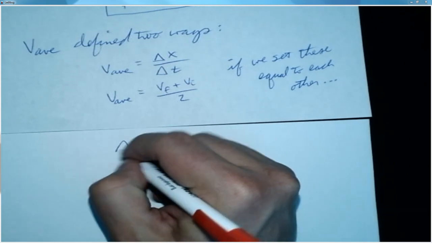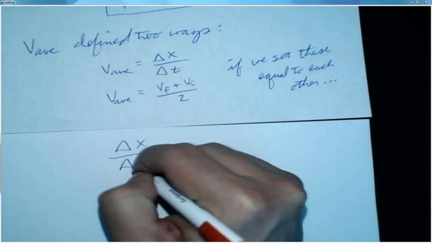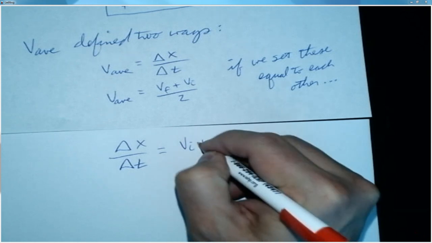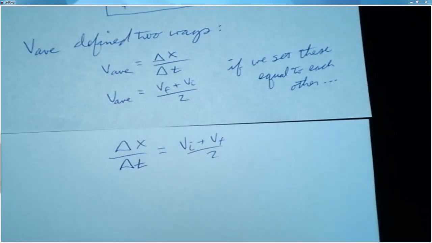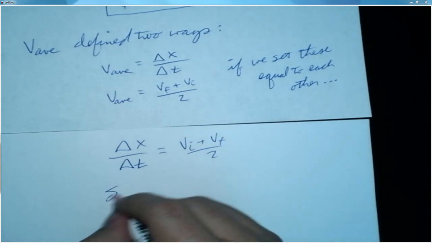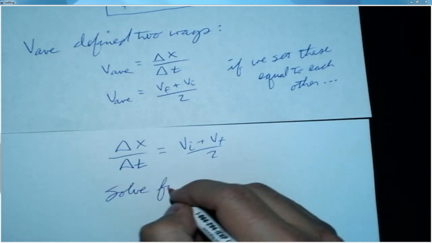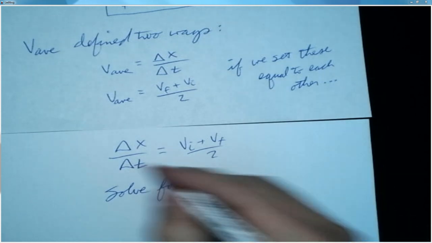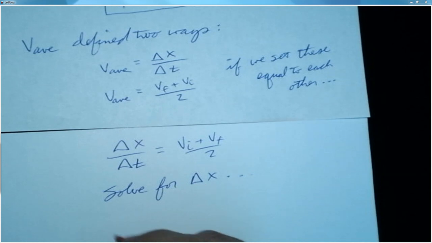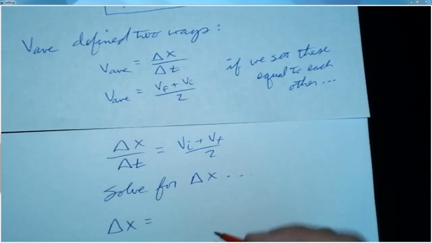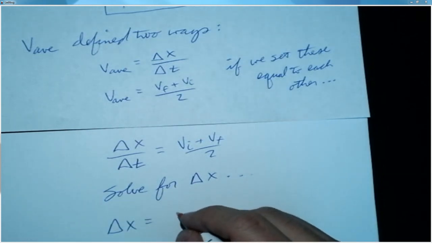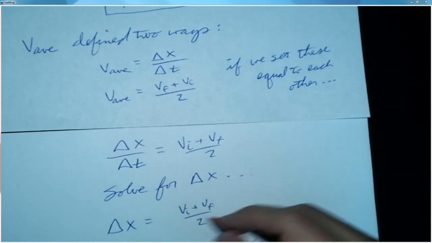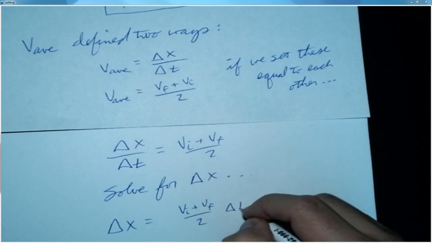We will get the change in x over the change in time is equal to VI plus VF over 2. Now let's say I solved for the change in x. Well, that's pretty easy. I'm going to multiply both sides by delta t, and I'll get the change in x is equal to VI plus VF over 2 times the change in time.